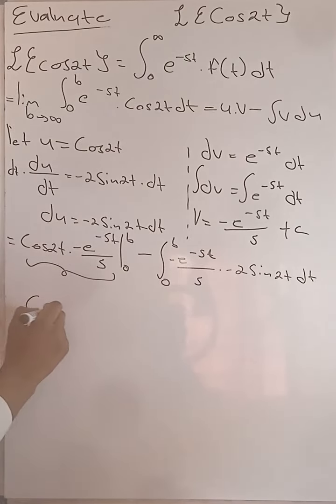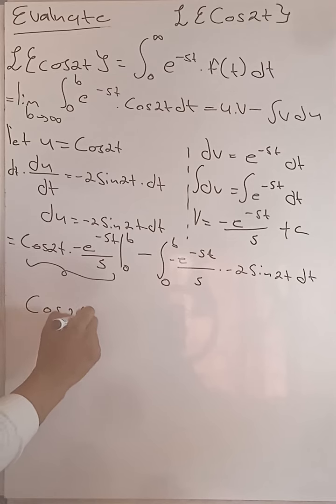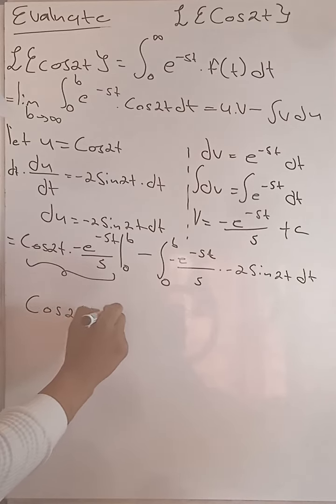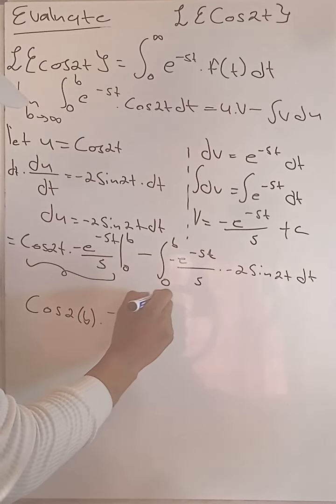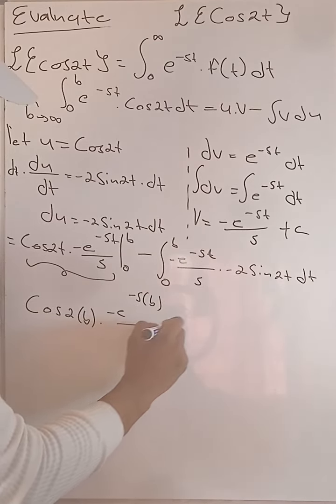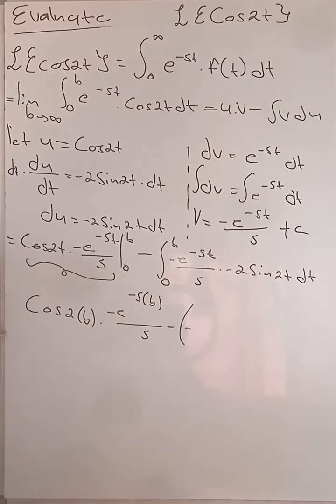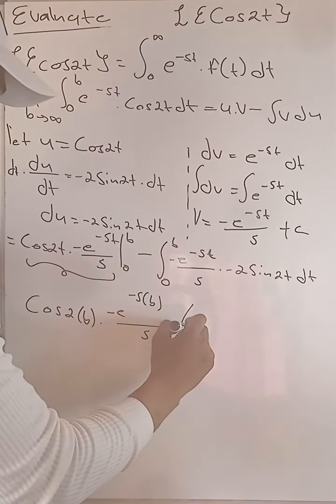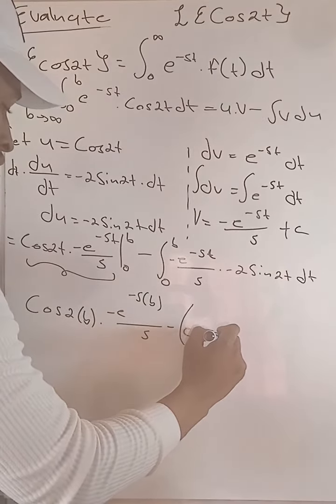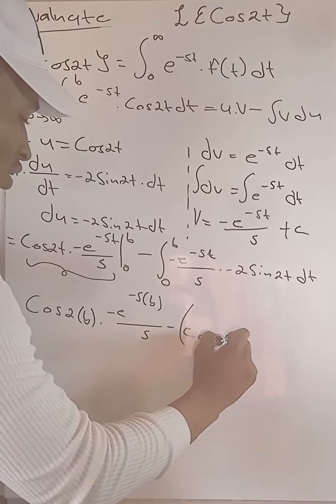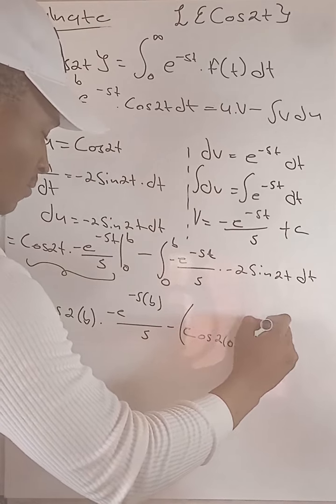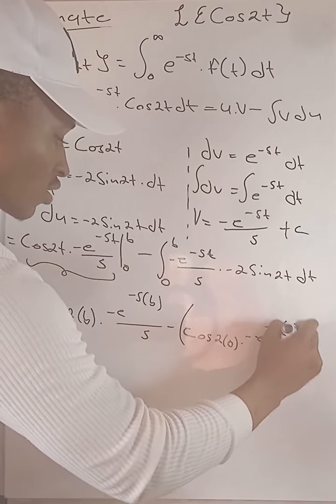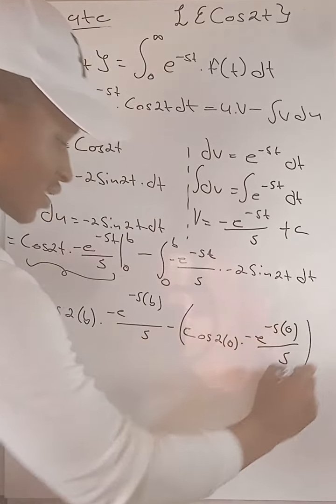This will give us cos 2b, where b is our infinity, don't forget, times e^(-sb) all over s, minus cos 2 into 0, times e^(-s into 0) also all over s.